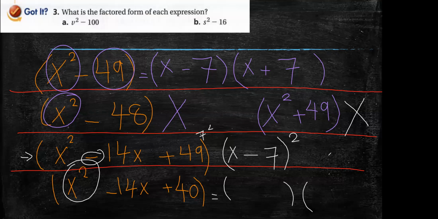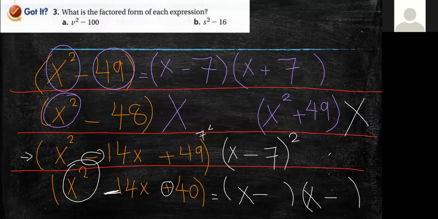Let's open two brackets. Since we have a positive c with a negative b, we have minus, minus, x, x. Now, what are the factors of 40 that, if you add them, you get 14?